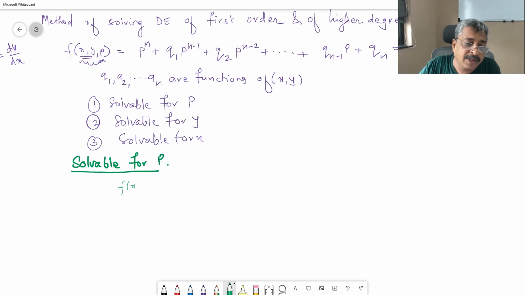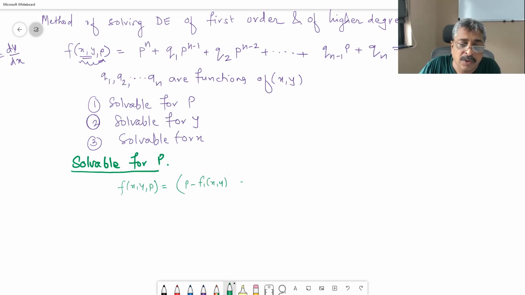F of x, y, p, if it is solvable for p, is going to look like factors. So it is going to be p minus f1 of x comma y, into, maybe I will make this normal brackets only.